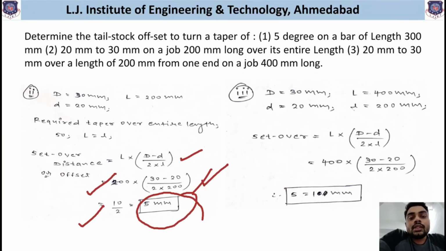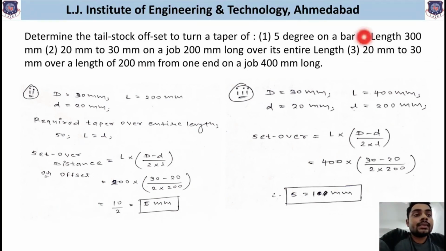Now we will solve our third condition. In the case of the third condition, you can see over here they have given the required taper is 20 mm to 30 mm over a length of 200 mm from one end on a job of 400 mm long. That means the workpiece available is of 400 mm length, but the taper required is only on the length of 200 mm, and the diameter reduction required is small d is 20 mm and capital D is 30 mm.